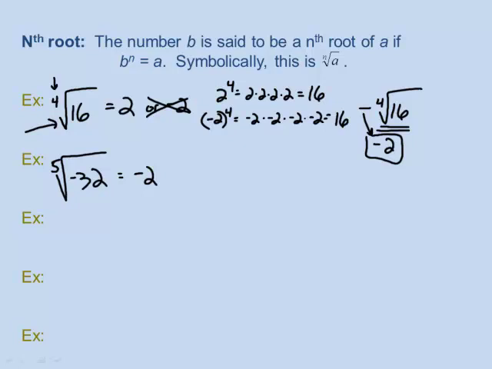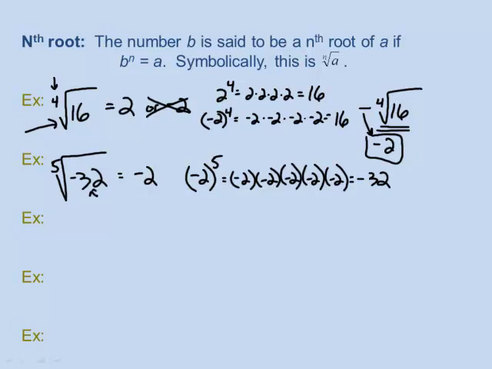Negative 2 will satisfy those conditions because if you take negative 2 and raise it to the 5th power, or multiply it by itself 5 times, which is what the 5th power means, 2 times 2 is 4, times 2 is 8, times 2 is 16, times 2 is 32, and an odd number of negative signs makes that a negative 32.